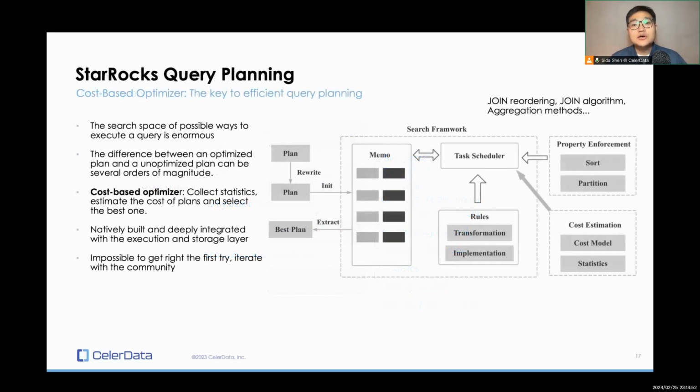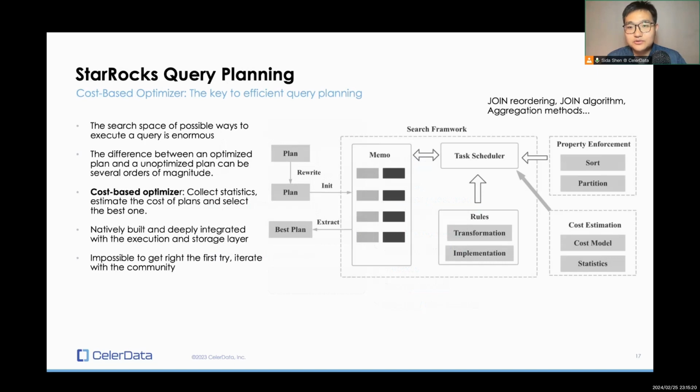So first, let's talk about StarRocks query planning. It uses a cost-based optimizer, and why? Optimizing a query, planning a query, is a very challenging task because the search space of possible ways of executing a query is enormous, especially when you consider join operations and complex aggregation operations.